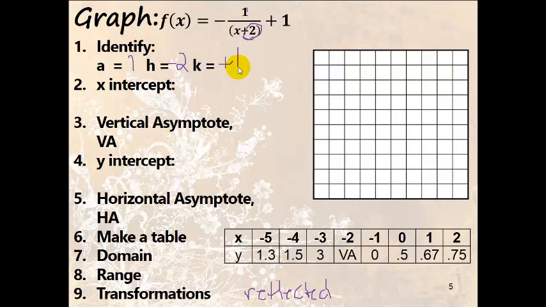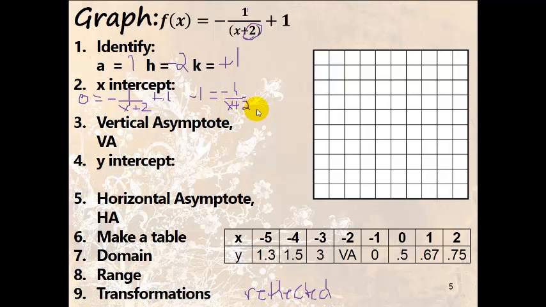My x-intercept, I have to plug in 0 for y, so I get 0 is equal to -1 over x plus 2, plus 1. So now I'm going to take this 1 and move it over. So I get -1 equals -1 over x plus 2.